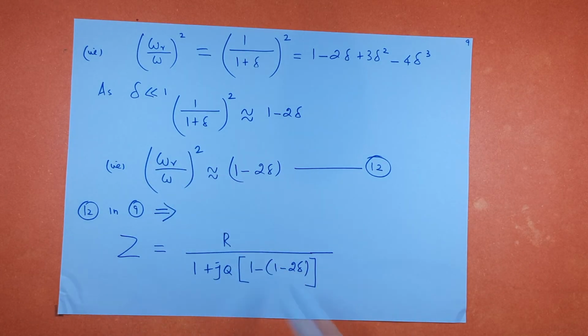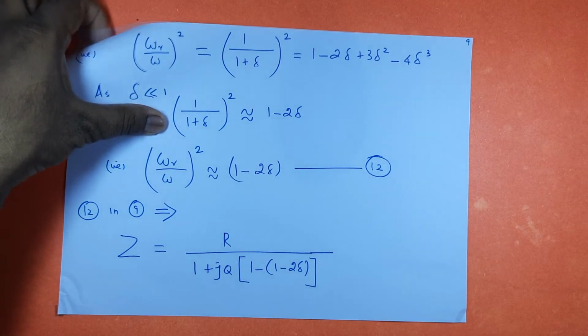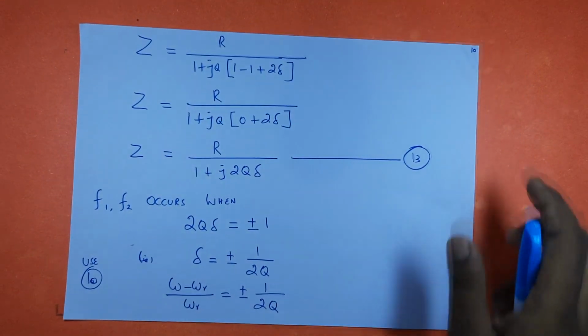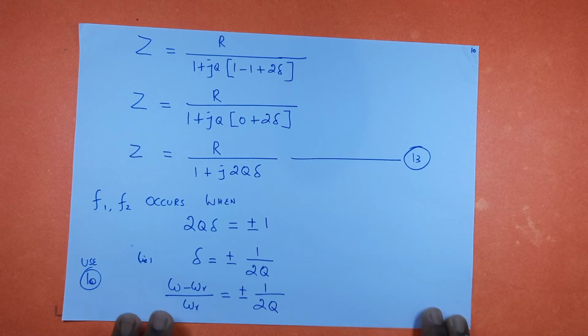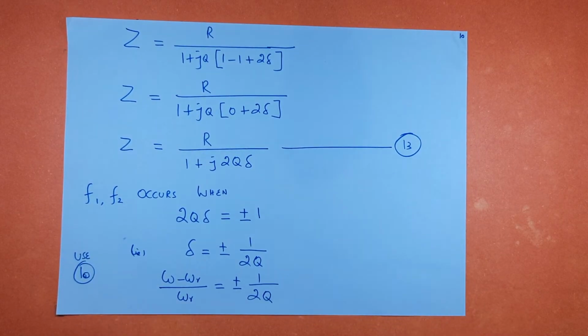So you get Z equal to R divided by 1 plus JQ into 1 minus, instead of this we are putting 1 minus 2 delta. So Z equal to R divided by 1 plus JQ, 1 minus 1 plus 2 delta.